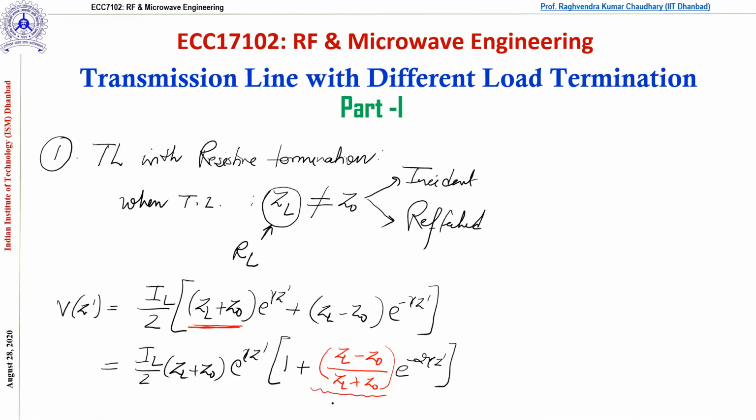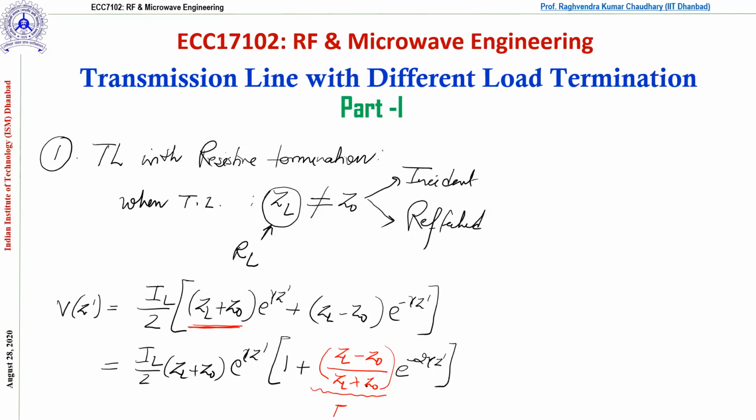So let us represent it as gamma. Let's say this, because we did not consider RL yet. So this is ZL only here. So ZL definitely will be complex, correct? So the outcome of this whole thing will also be a complex quantity, correct?